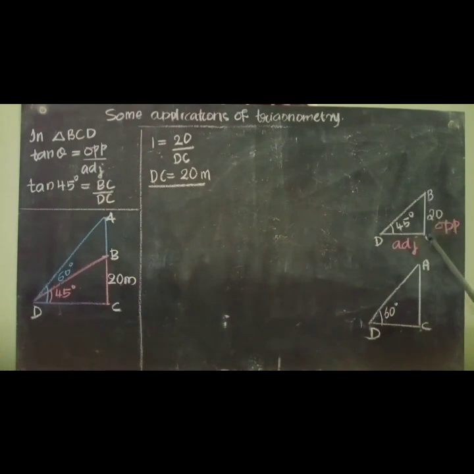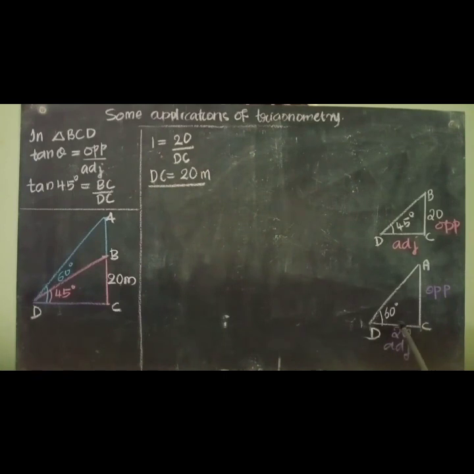Opposite side is BC. Adjacent side is DC. So we can write tan 45 degree equal to BC by DC. We know tan 45 degree equal to 1. BC is 20. So we can write 1 equal to 20 by DC. Cross multiply it, we get DC equal to 20. So we got the value of DC, it is 20.